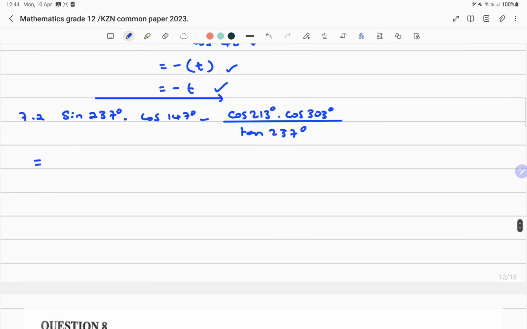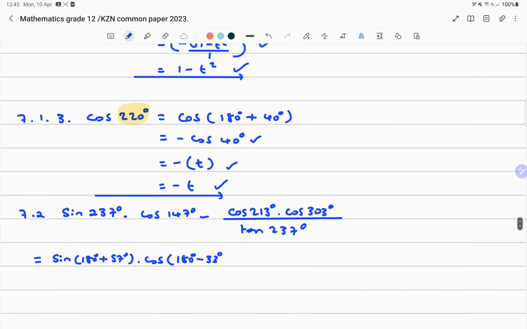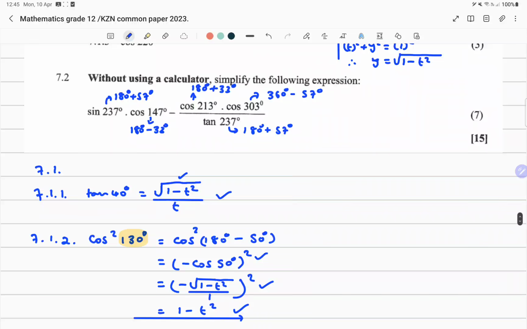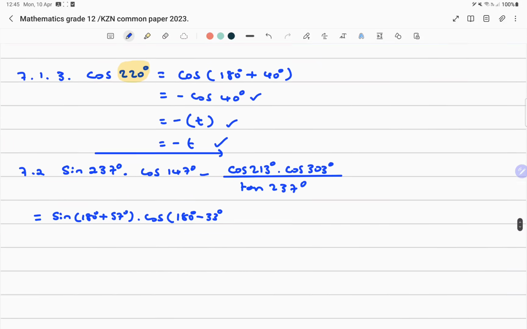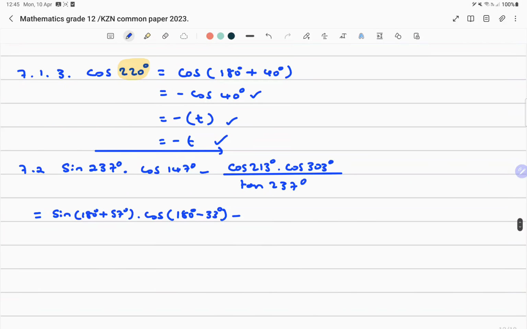So we start, and of course, you always want to write this one nicely. This is the same as sine of 180 degrees plus 57 degrees, times cos of 180 degrees minus 33 degrees. Then we say minus, let's sort this out.